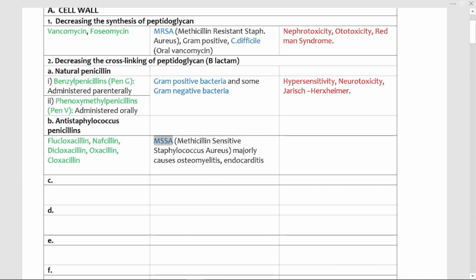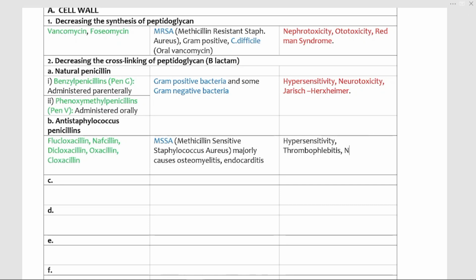Now, some of the common reactions, same as natural penicillin, there's always hypersensitivity. Hypersensitivity is one of the reactions that you can come across. We also have thrombophlebitis.